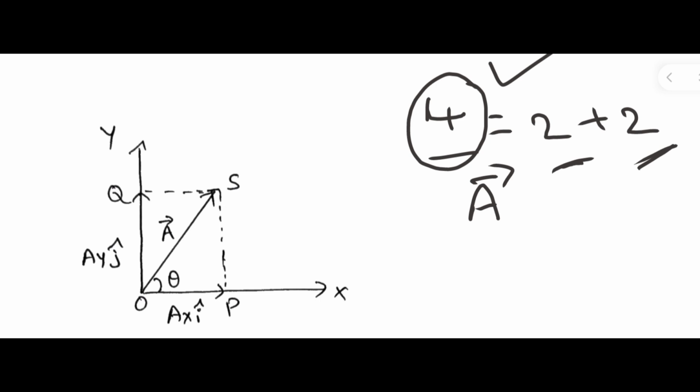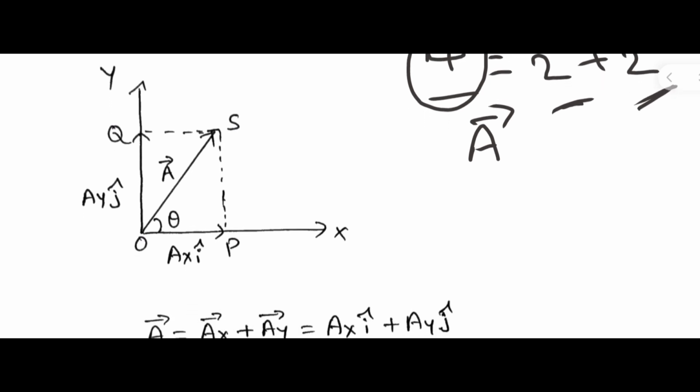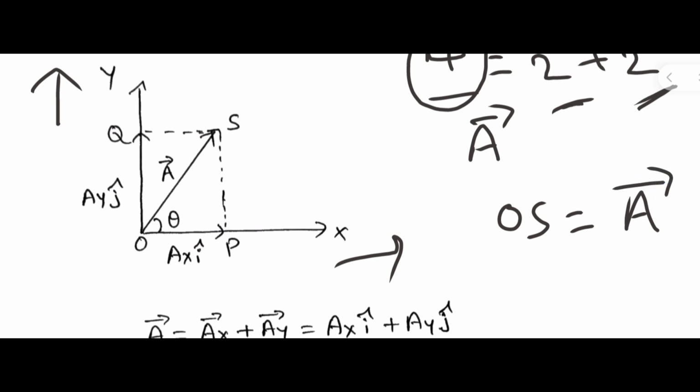This is the diagram. O is the origin, with the x component and y component. OS is the line segment, OS equal to vector A, resolved into two components.